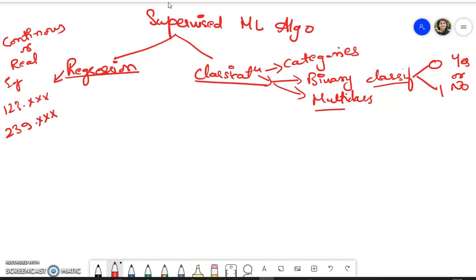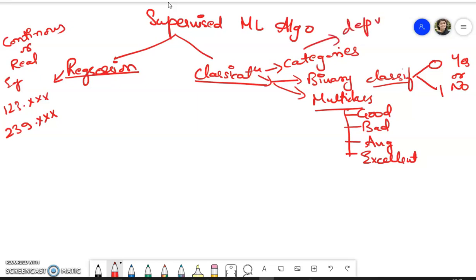We also have multi-class classification. If we have to predict the reviews of a restaurant, like is it good, bad, or average, these are the multiple categories. So when we have a dependent variable in the form of categories, go for the classification technique.